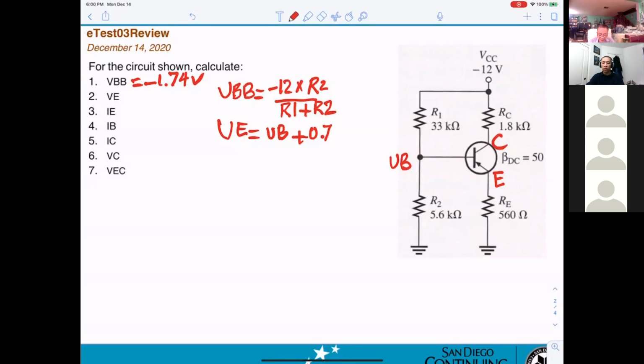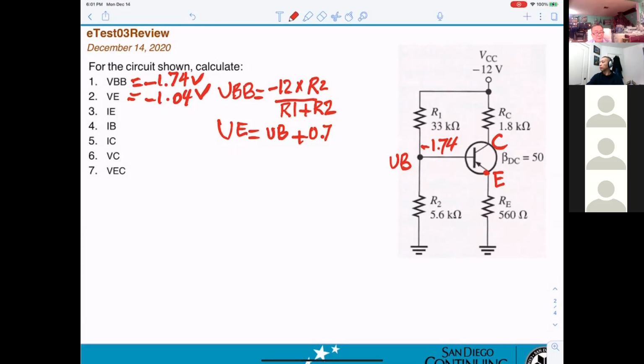The thing is, that will be a minus 1.74, and that one will be less negative than that. That's why you have to plus 0.7. So basically, they will be equal minus 1.04. Yes. Since it is a PNP transistor, that's why plus.